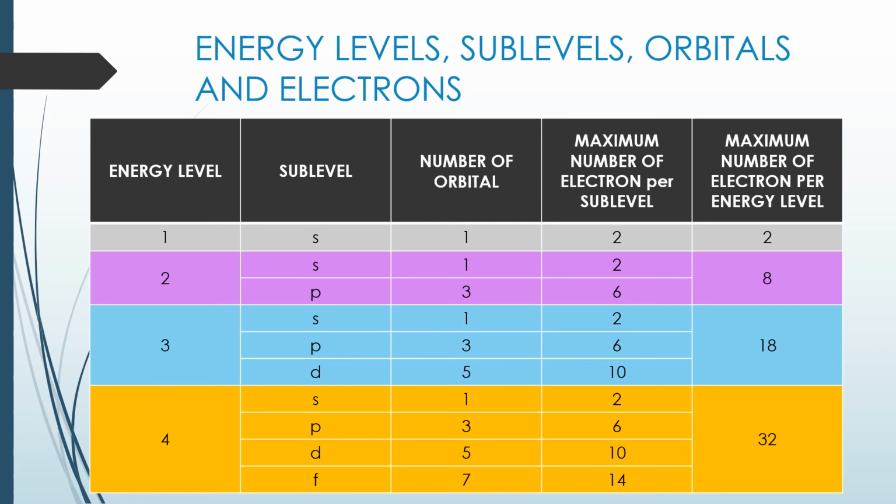P can hold a maximum of 6, D can hold a maximum of 10, and F can hold a maximum of 14 electrons. If we add 2 plus 6 plus 10 plus 14, the maximum number of electrons for the fourth energy level is 32.